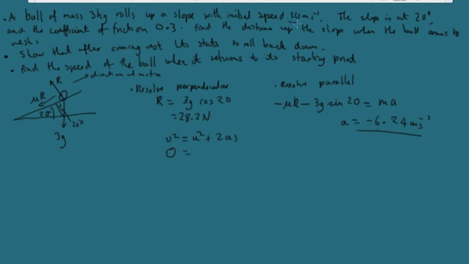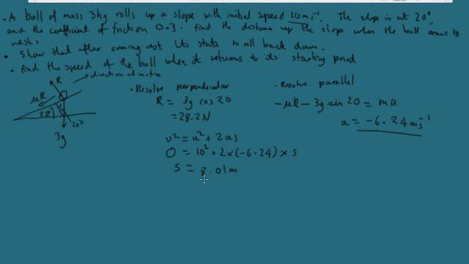We know the initial speed is 10, so 0 equals 10 squared plus 2 times minus 6.24 times s, which is the thing that we want. Working all that out and rearranging, s will come out at 8.01 meters.